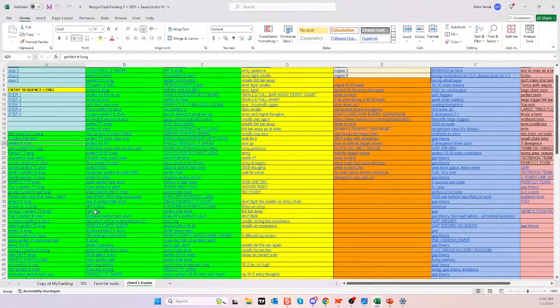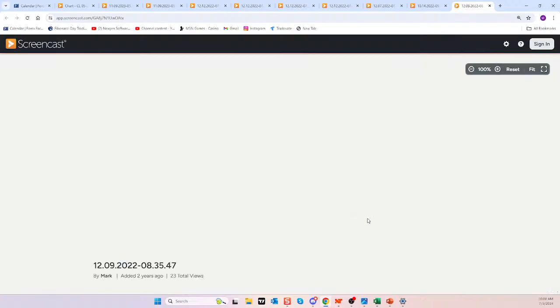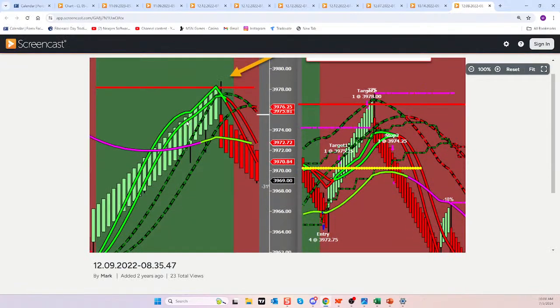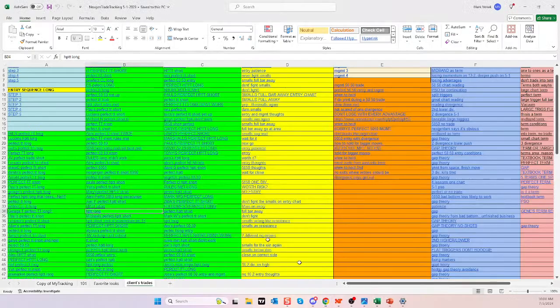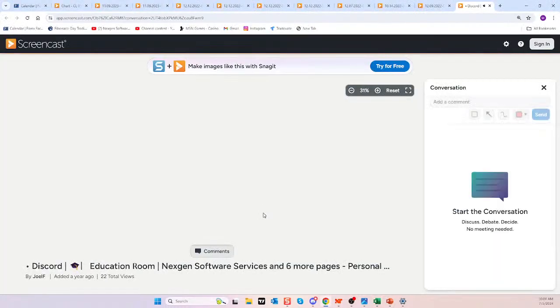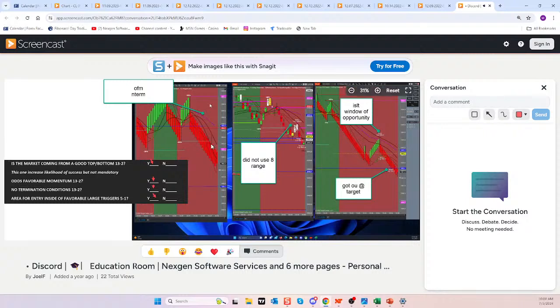And if I do the same thing, if I click along on another picture, odds favorable momentum and a pullback to support inside of favorable large triggers. And if I do it again, here's a high probability trend trade short. I'll be damned, it's odds favorable momentum and a pullback to resistance inside of favorable large triggers.